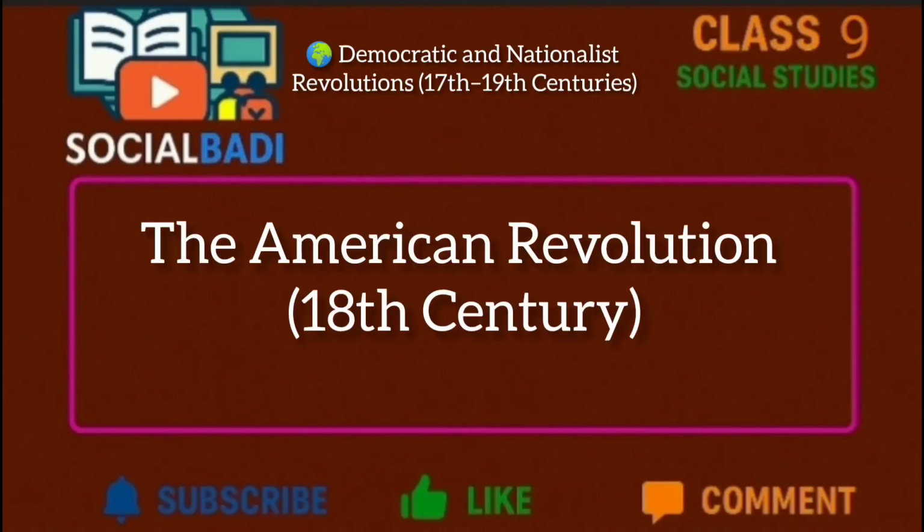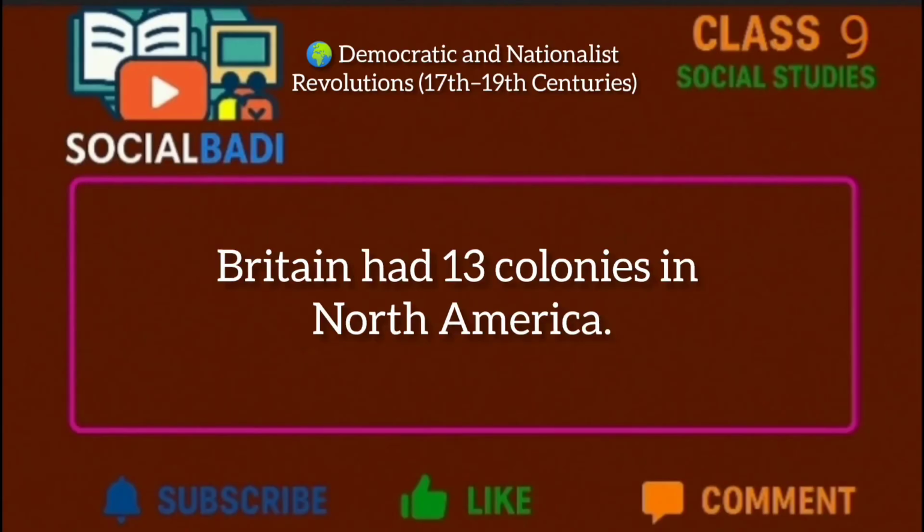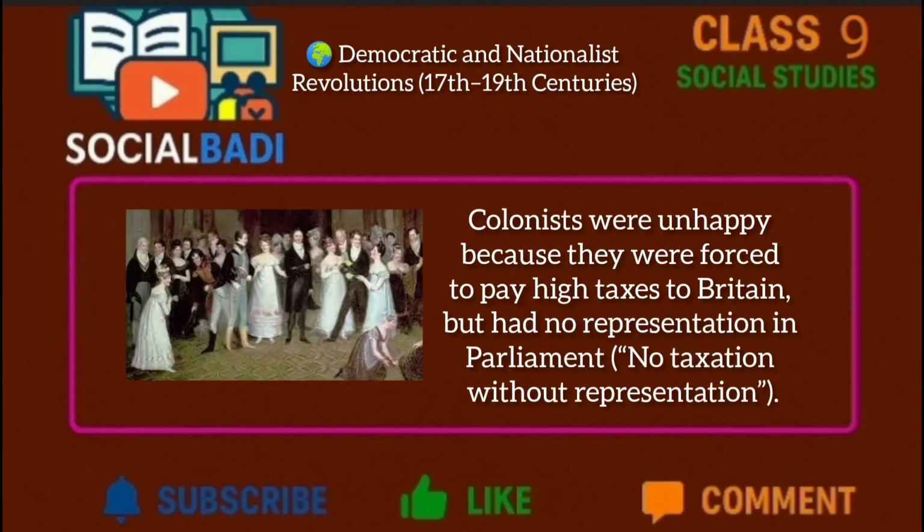The American Revolution, 18th century. Britain had 13 colonies in North America. Colonists were unhappy because they were forced to pay high taxes to Britain but had no representation in Parliament. No taxation without representation.